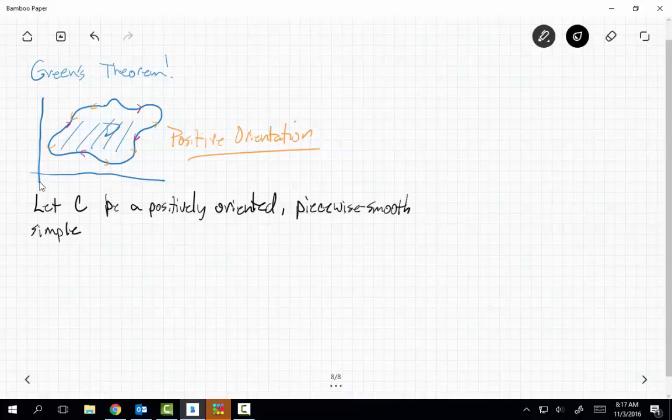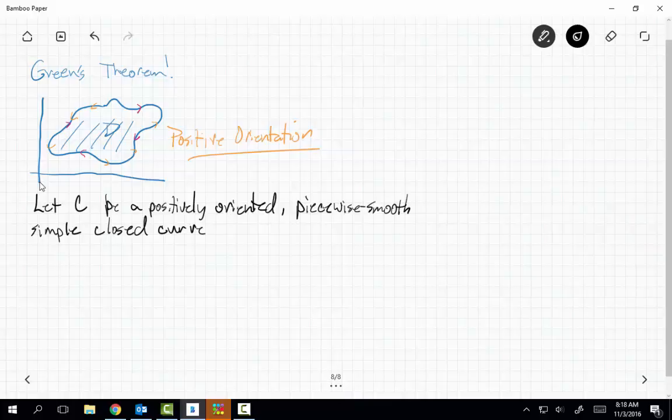Simple. Remember what simple means? Simple, closed curve. It means there's no little tangles or anything like that. And it's closed, so it's got to finish where it started. For any point on the curve, as I follow this thing around, keeping D on my left, I finish where I started.